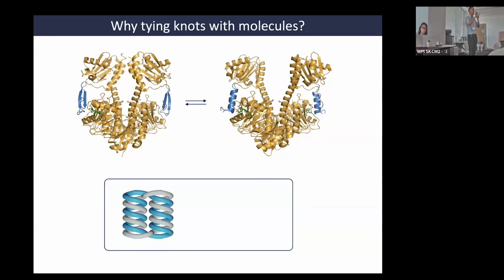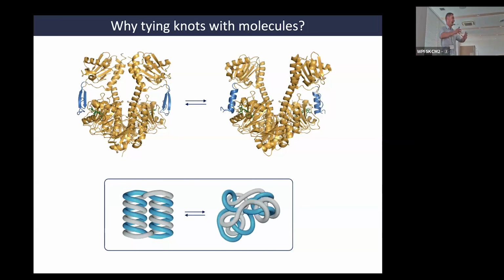But of course, the threads are not connected by any chemical bonds because they are just entangled, which means that they can still move relative to one another. And that means that these knotted structures can be deformed. And so in principle, they can adopt different conformations that may have different properties.